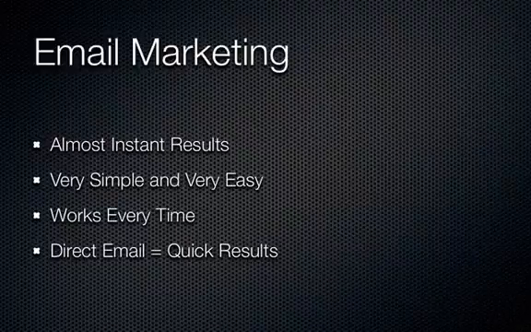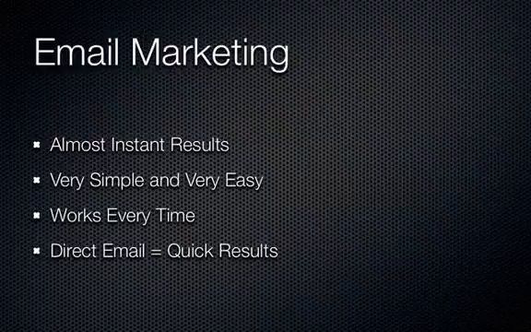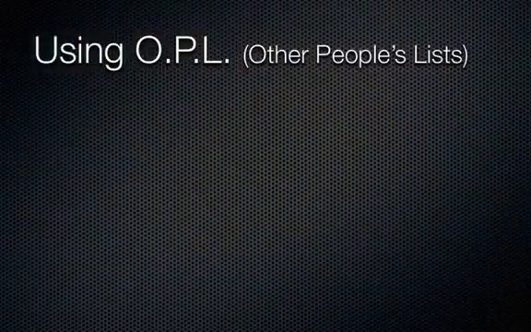Now, by this time, you might be saying, Vic, it makes sense, but I don't have a list. How can I email people if I don't have a list? That's a very good question. With the 48-hour cash machine, and this is really cool, perhaps you haven't heard about this method yet, we're going to use OPL.